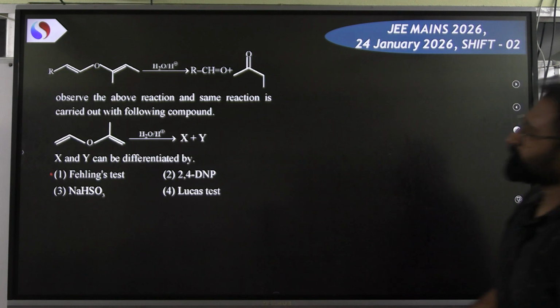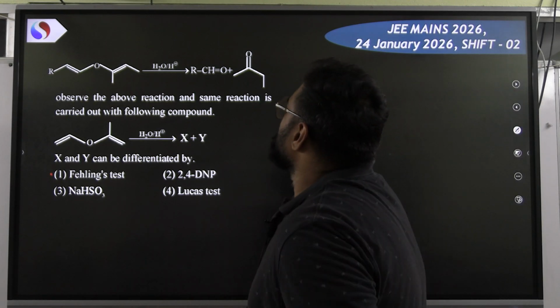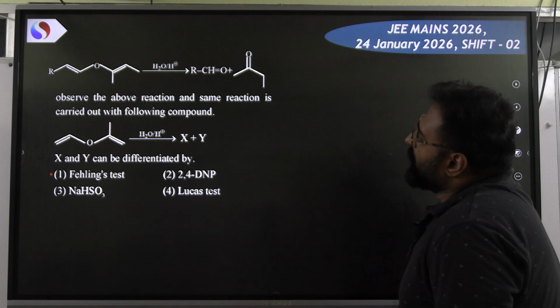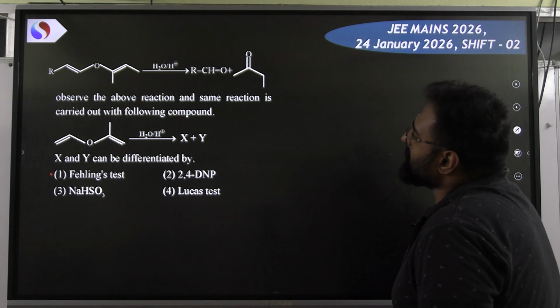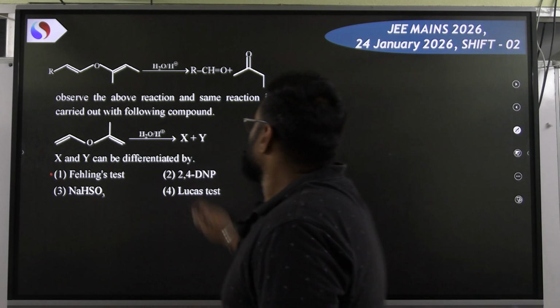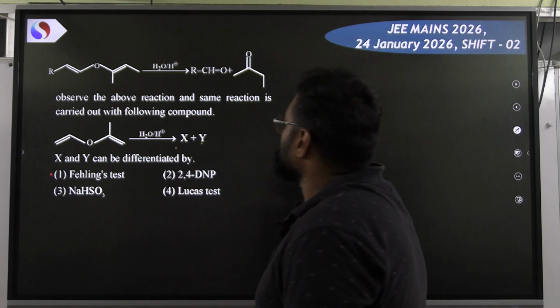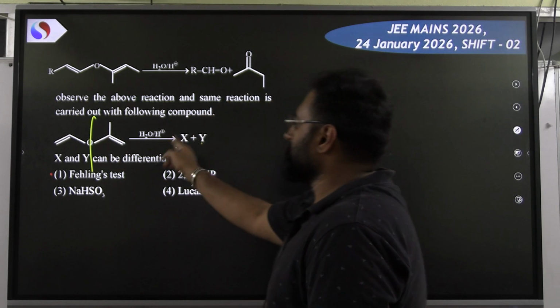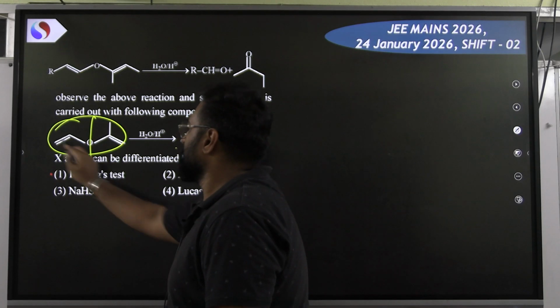Now the question is saying this is the compound which, when reacted with H2O, produces this. Observe the above reaction and the same reaction is carried out by the following compound, which gives X and Y. So break the bond, and there will be tautomerism.